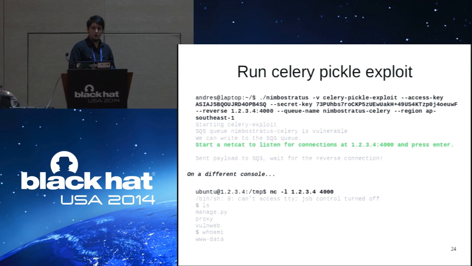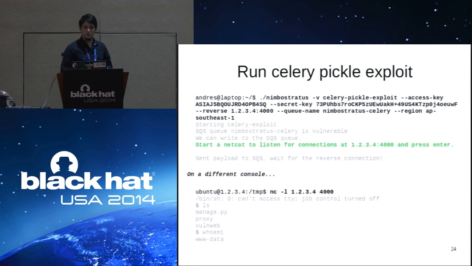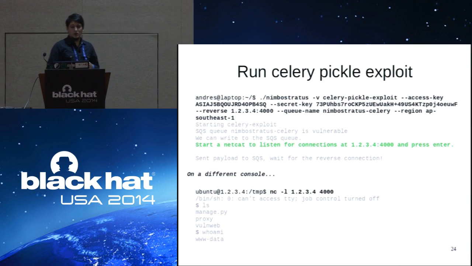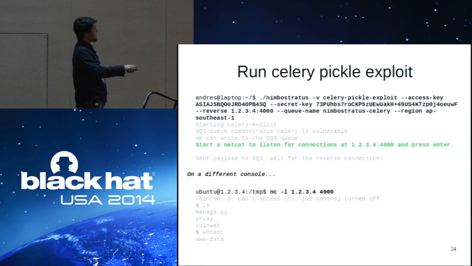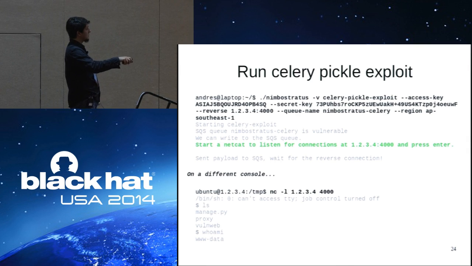So I did it, and it wasn't hard. It was actually pretty easy. I wrote a way of automating this. Celery pickle exploit: you pass the credentials, and you say, I want a reverse shell to this IP address and this port, and I want you to write the very specific, arbitrary, Celery-looking message to this queue, and this queue lives in this Amazon region.